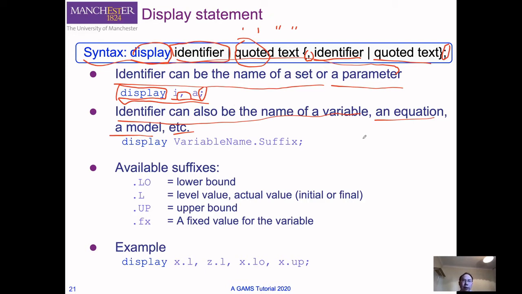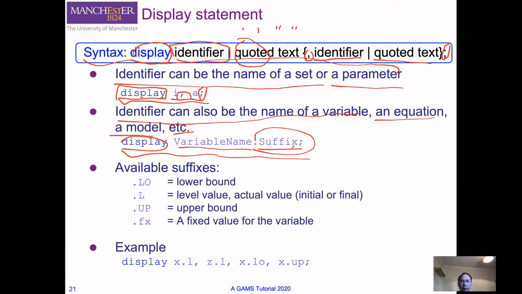If we use the display statement to display the value of a variable, an equation, or a model, and so on, we have to add a suffix. For instance, if we want to display the value of a variable, then we should write like this, starting from the keyword display, and then the name of the variable, and then dot suffix.